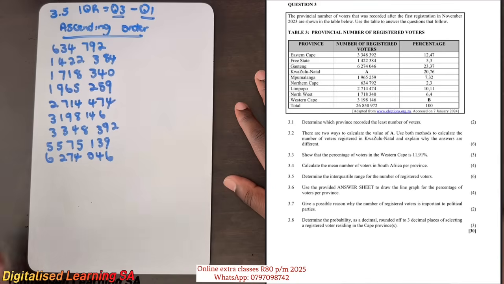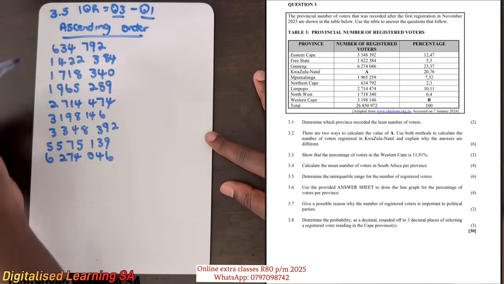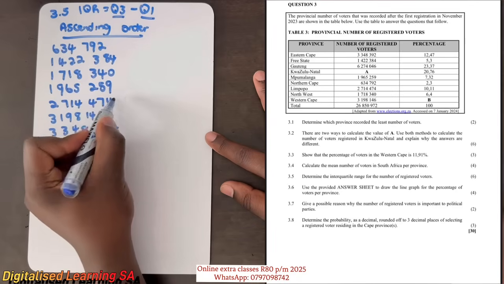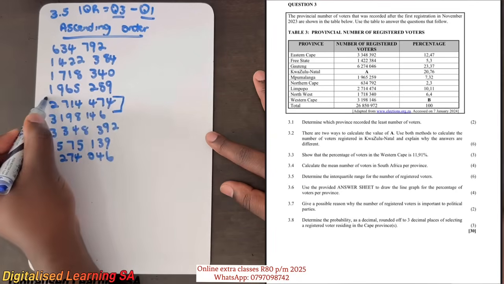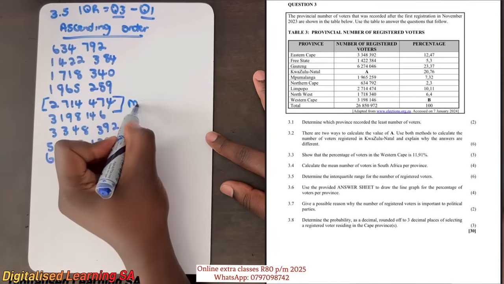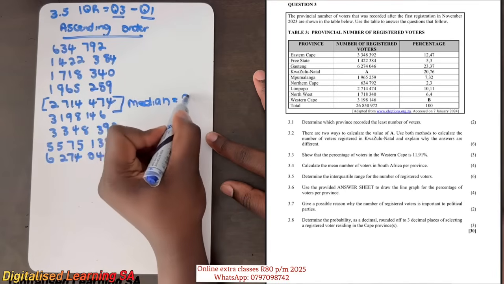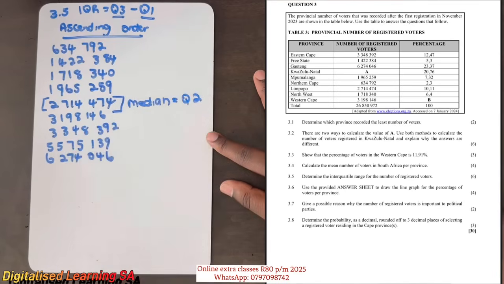The median is the middle value. So if we check here, we can see that the middle value will be, this will be our median, which is also called Q2, but we are not going to use it to calculate the interquartile range.